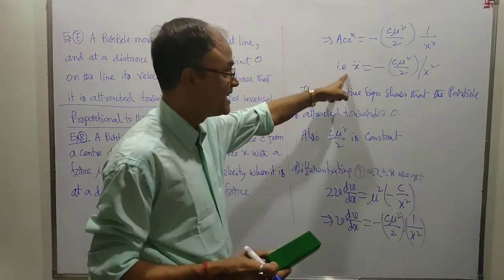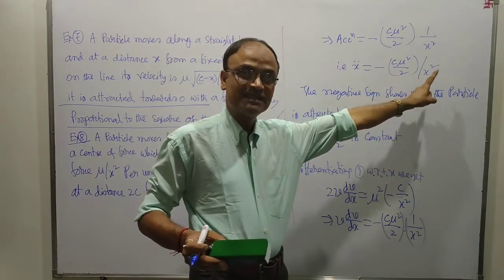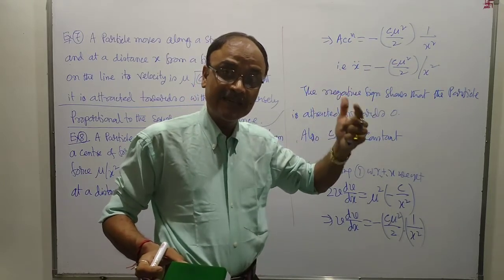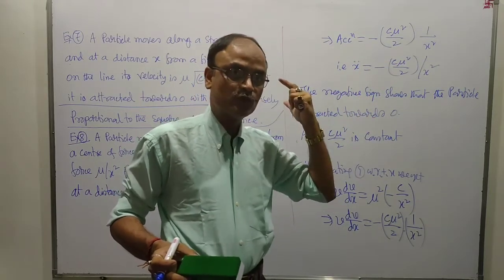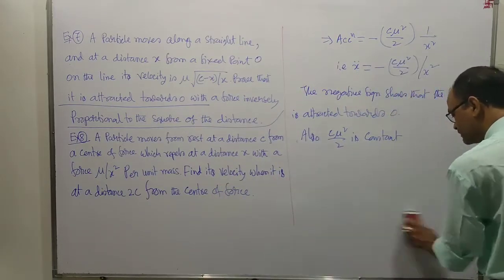This means that acceleration varies inversely as the square of the distance from the fixed point O. We are measuring x from the fixed point O.